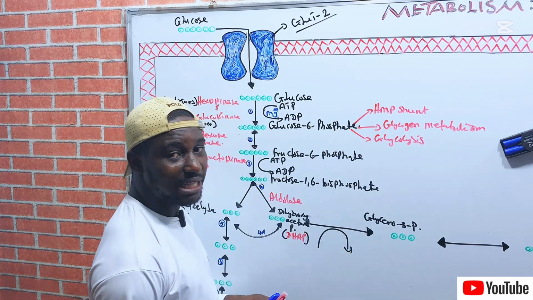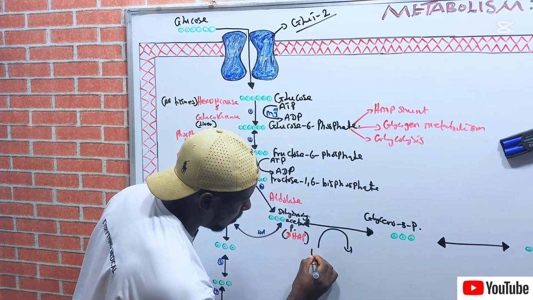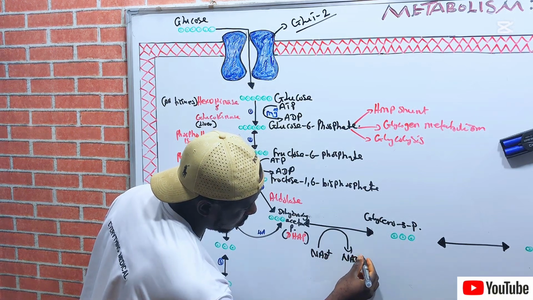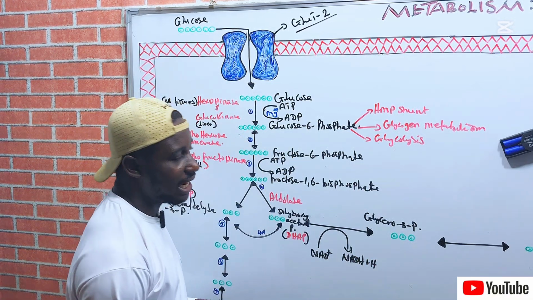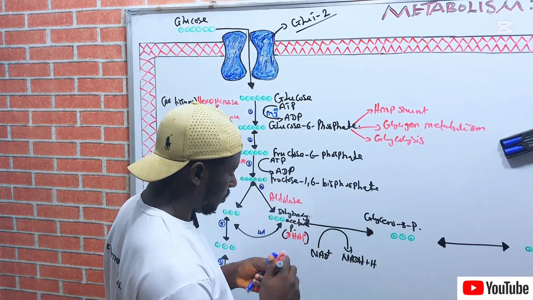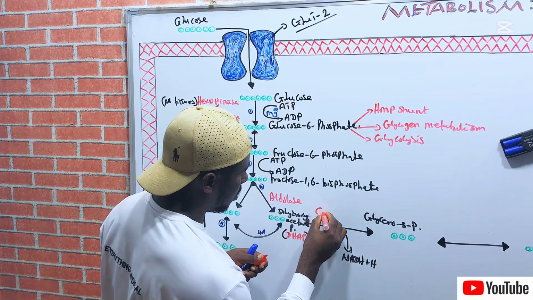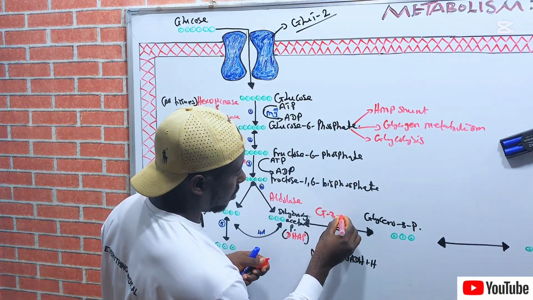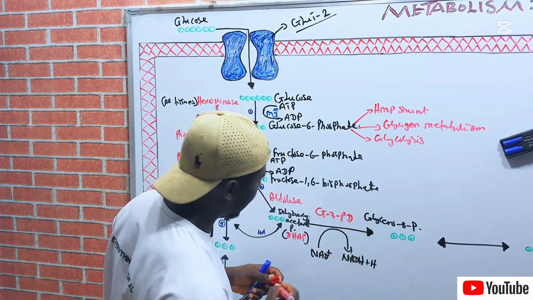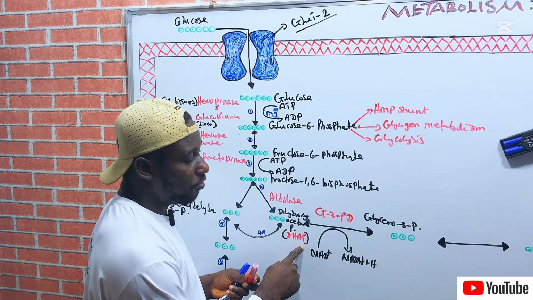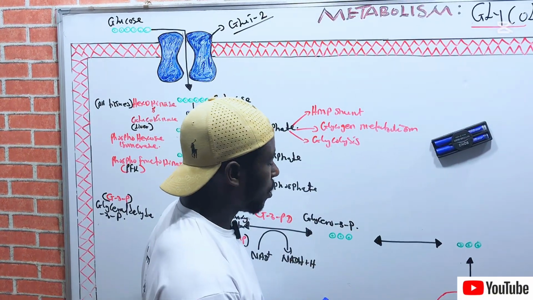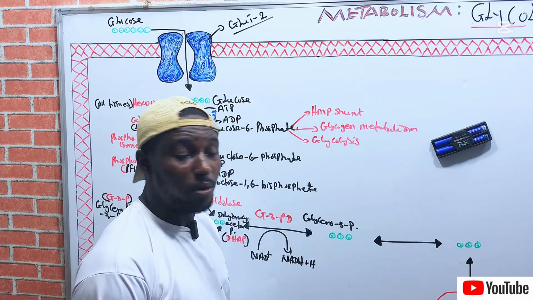That means NADH is generated. NADH plus H will be generated by an enzyme called glycerol 3-phosphate dehydrogenase enzyme. We dehydrogenate DHAP to form glycerol 3-phosphate. Now, this glycerol 3-phosphate will be phosphorylated to form glycerol.